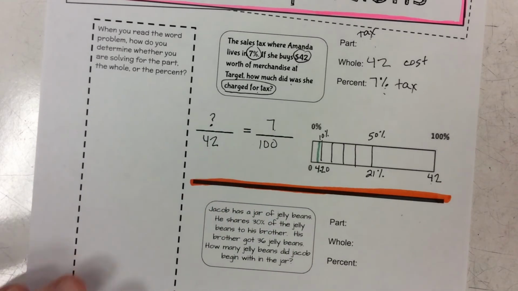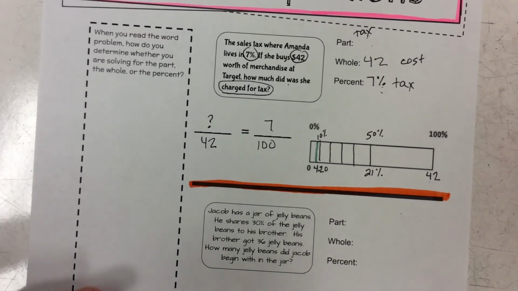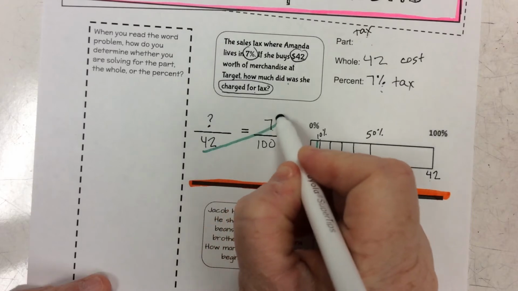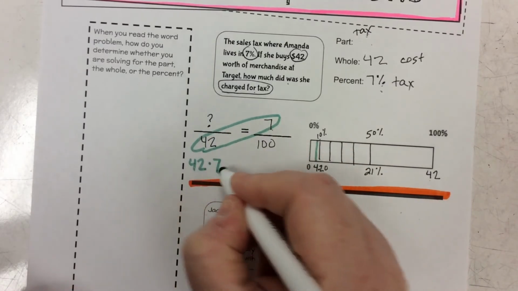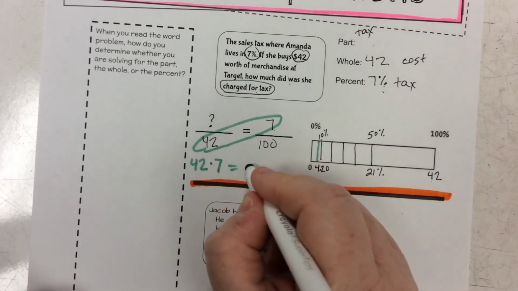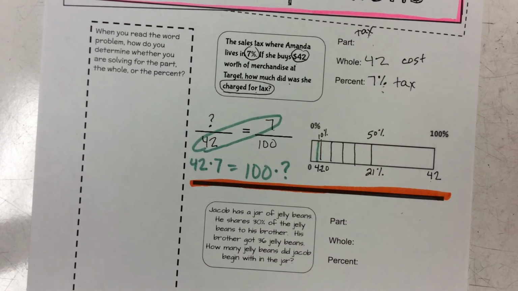So I want to point something out. We know that we could check our math with cross products, right? I could say 42 times 7, that dot means times, equals 100 times my question mark. You can put whatever variable you want there, okay? So this is going to mean the same thing as cross multiplying and dividing. This is a strategy y'all have not seen yet.